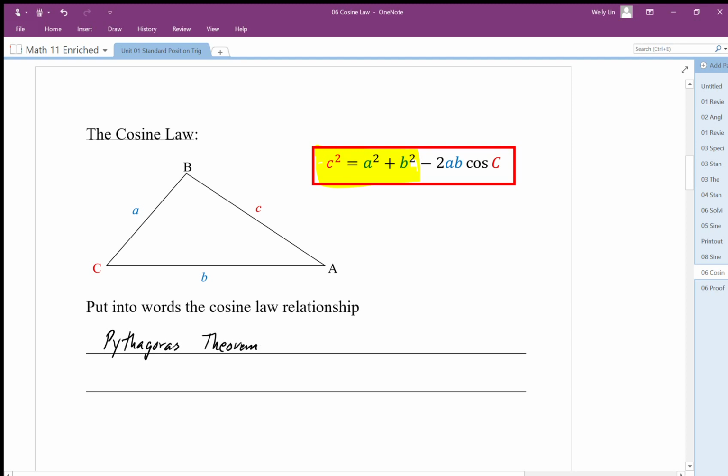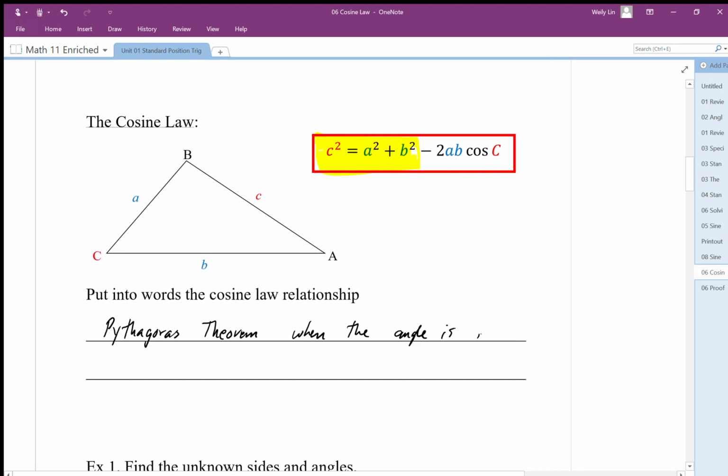It's a Pythagoras theorem when the angle is not 90 degrees. And that's essentially the cosine law.